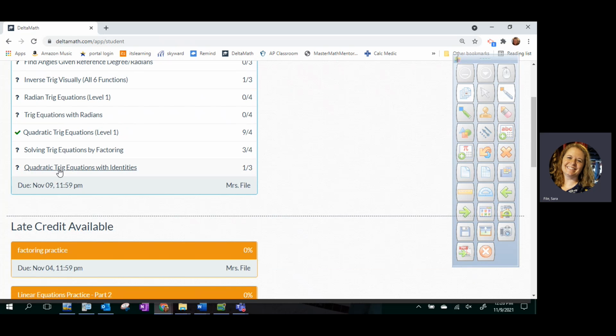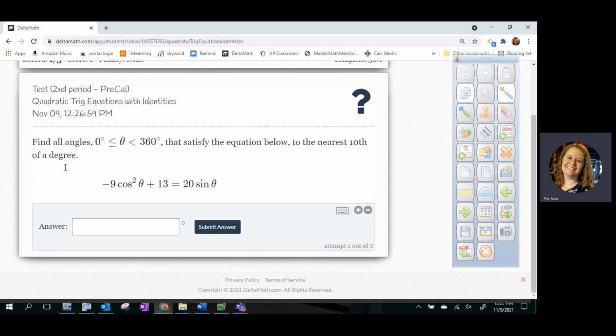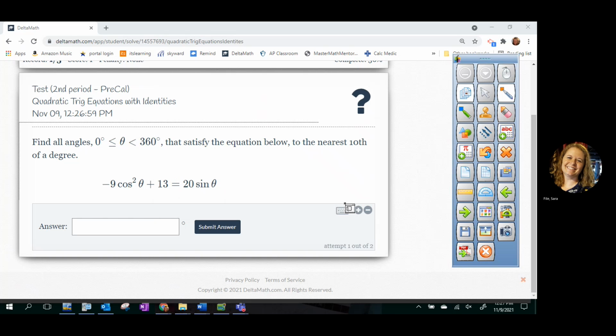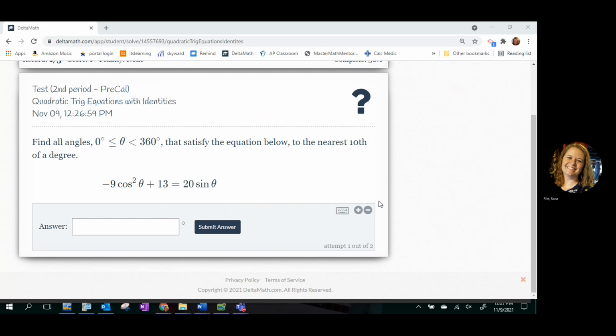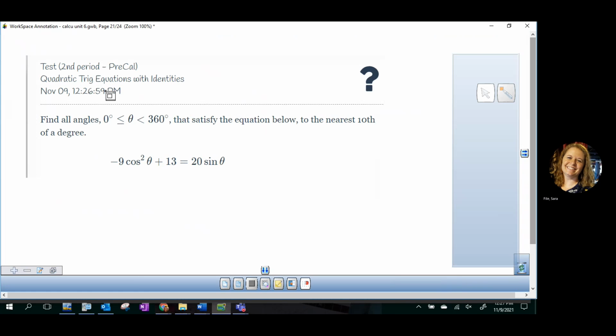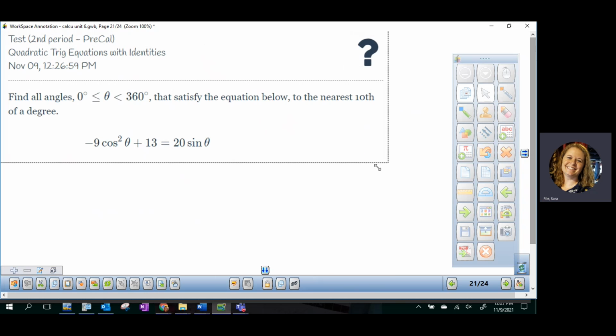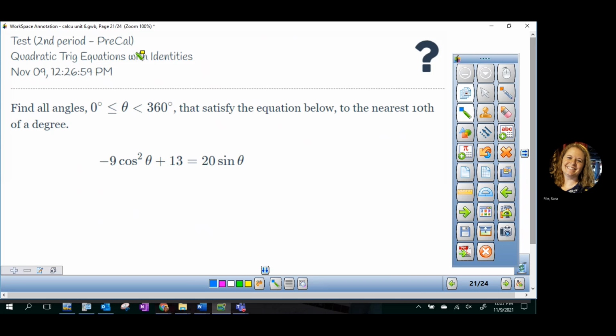This bottom section, these were definitely the lengthiest, so probably the hardest for you because they have some extra steps in them. Okay, so let's look at one of these. So notice in the title of this type of question, it says with identities.